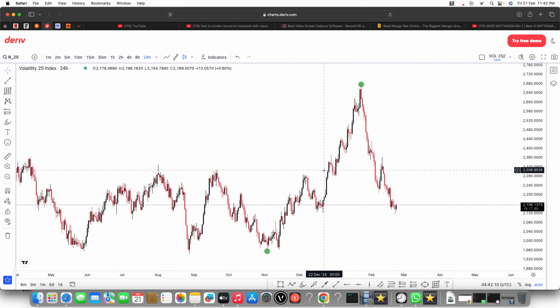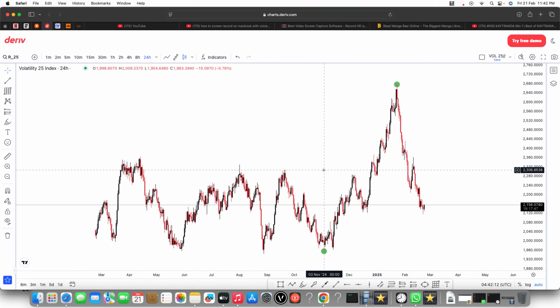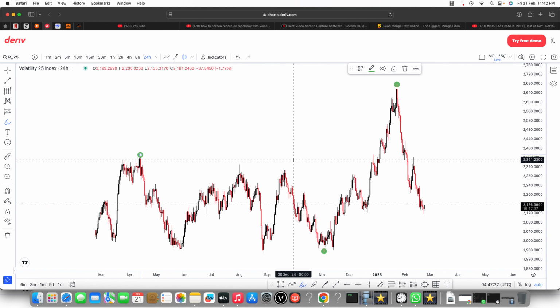We could maybe go back a bit and see what previous swing highs are there, and it would have been this one currently, because this high would have been higher than this current high right here, and this would have been the low that put in the high that we have here.